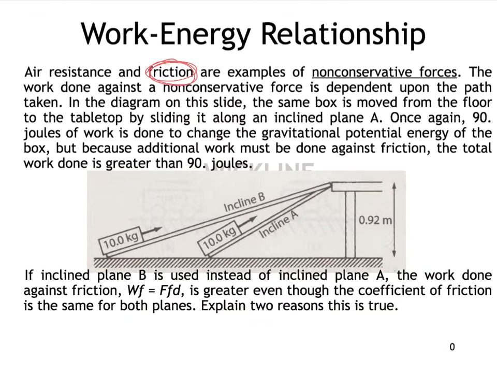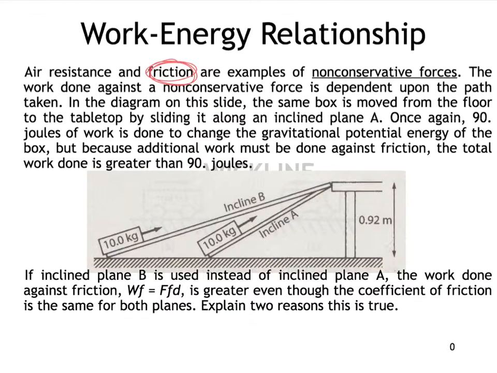Like, for instance, if you have two different choices to get a 10-kilogram mass to the top of a table, but one of them is a shorter distance and the other is a longer distance, and assuming that we're allowing for friction, meaning there's friction along this plane and there's friction along this plane, then what's going to happen is this one's going to have less friction because it has a shorter distance over which the friction can occur.